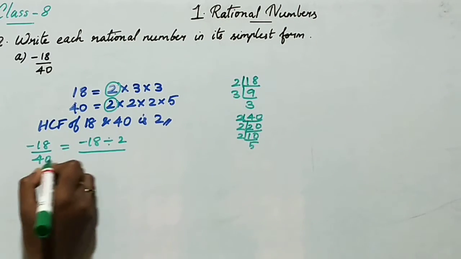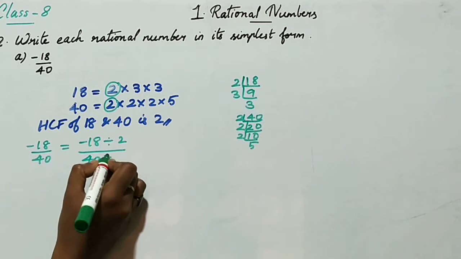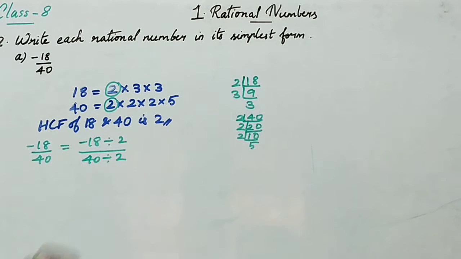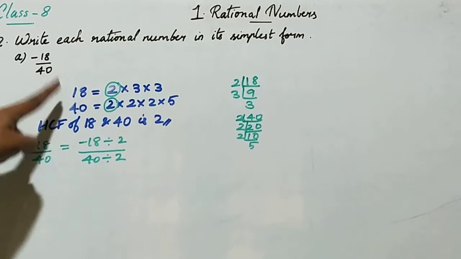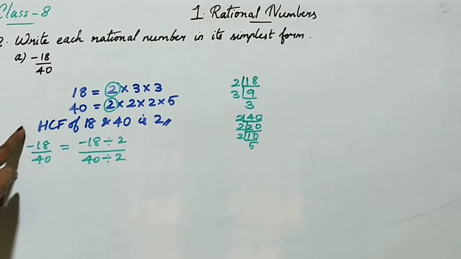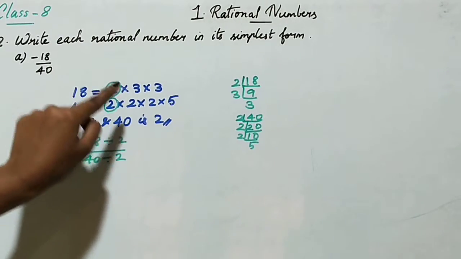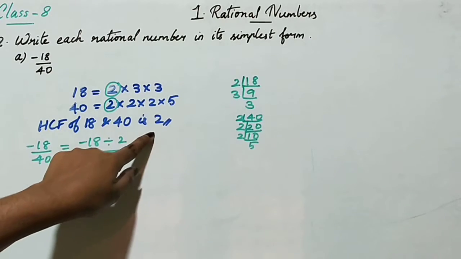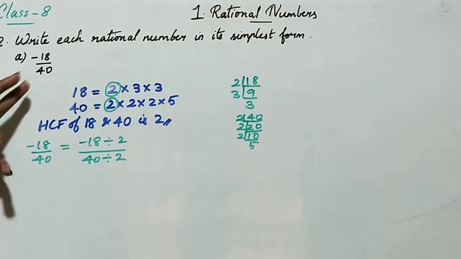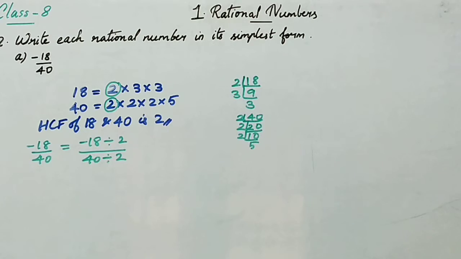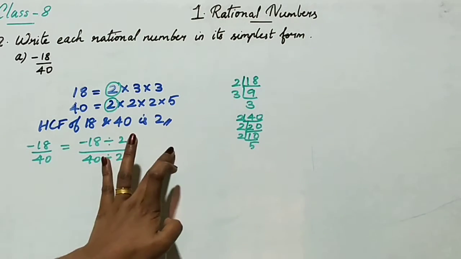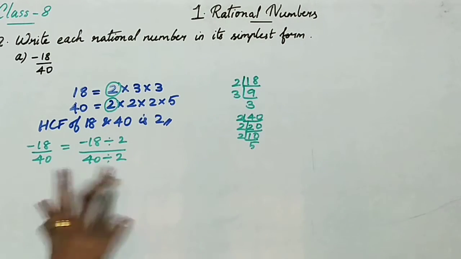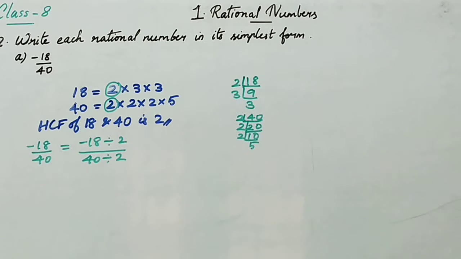Whole thing divided by 40. This should be divided by the HCF. Okay. What is the next step? First step is find the prime factors, find the HCF of that. Okay. Circle the common factors from that. So that is the HCF. Next step is write a question and you are going to divide the numerator with the HCF and denominator with HCF. Okay. So 18 divided by 2 and 40 divided by 2.